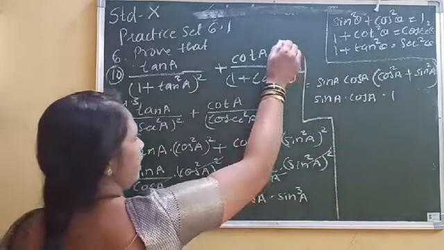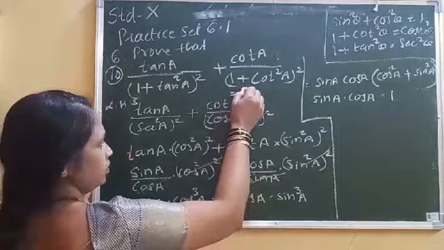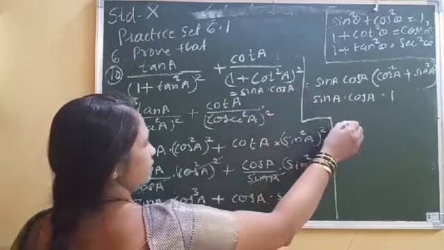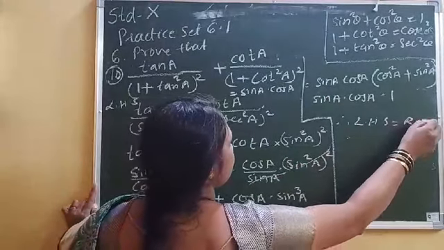So we have got this RHS. Here RHS is equal to sin A into cos A. Therefore, LHS is equal to RHS.